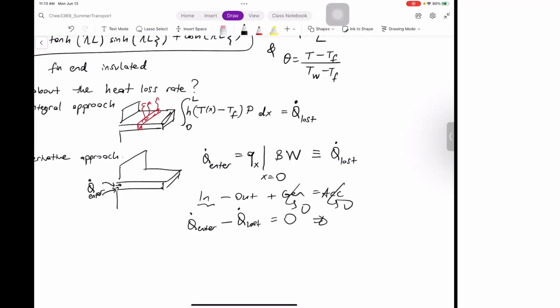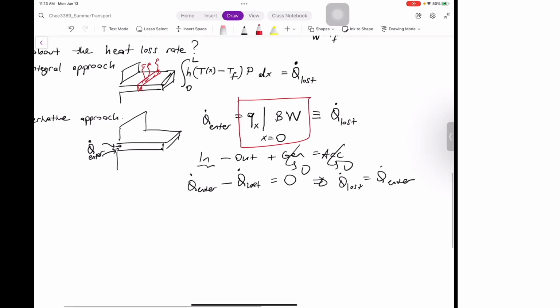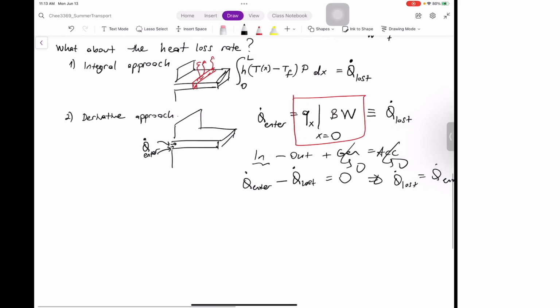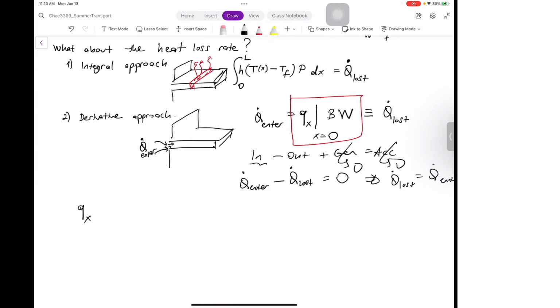So from here you can calculate that Q lost is nothing but whatever enters, which is this expression. It's easier because you just take the derivative, not the integral. So let's find the Qx first.